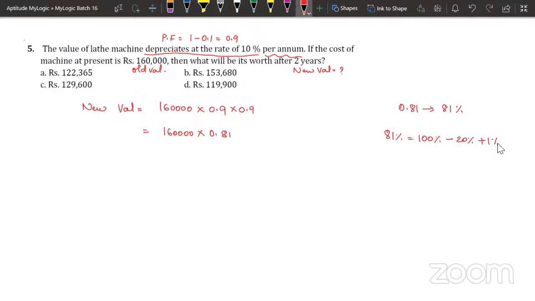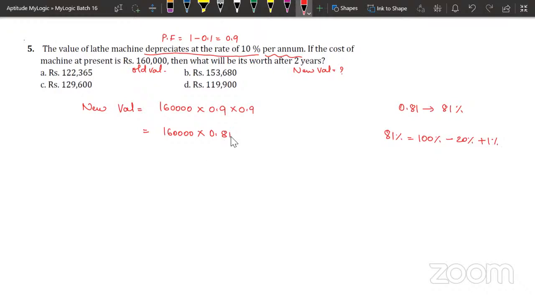This is how calculations will be done for percentages, because you will not be allowed to use calculators in your aptitude exam, whether it is PGCET, CUET, any placement aptitude, CAT or MAT exams. They do not allow the use of calculators, so you should know how to do such quick calculations.